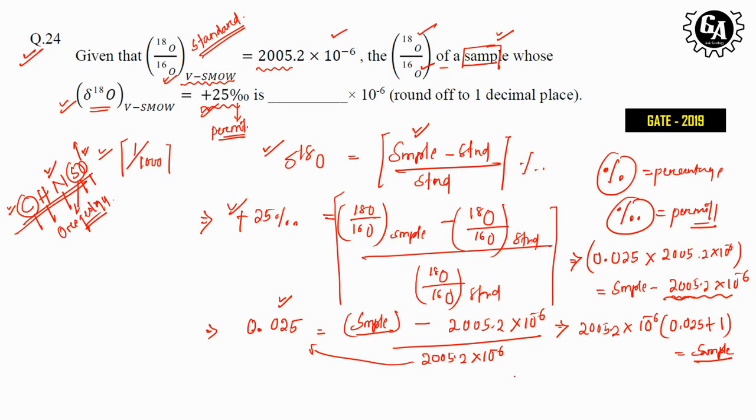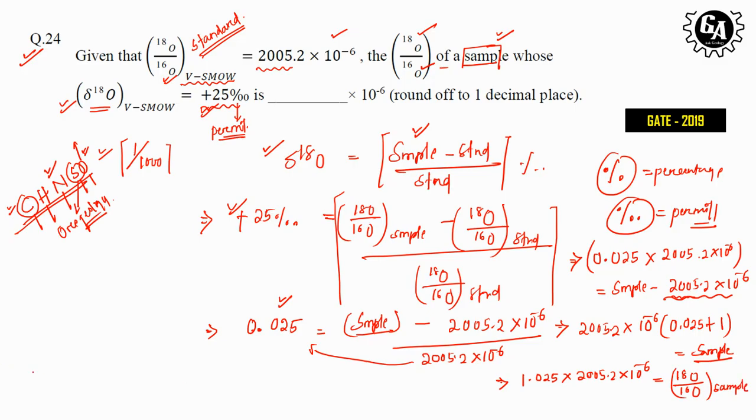Then the answer is 1.025 into 2005.2 into 10 to the power minus 6. This is the 18O by 16O value for the sample.